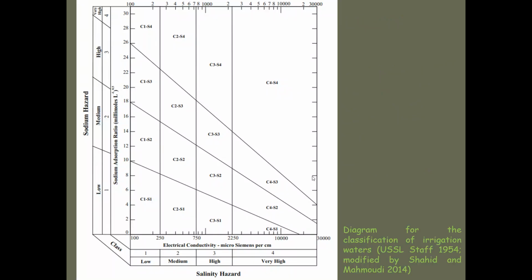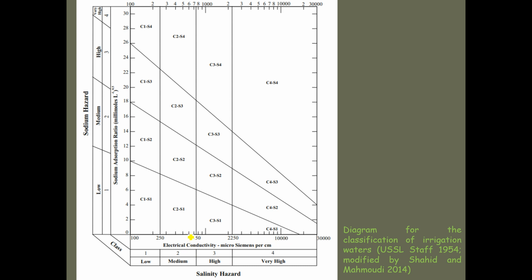So as you can see in this figure, there is data regarding the salinity hazard and the sodium hazard. In the x-axis, you can see from 100 to 250. The x-axis represents the electrical conductivity, and the unit is microsiemens per centimeter, which is equivalent to micromhos per centimeter.